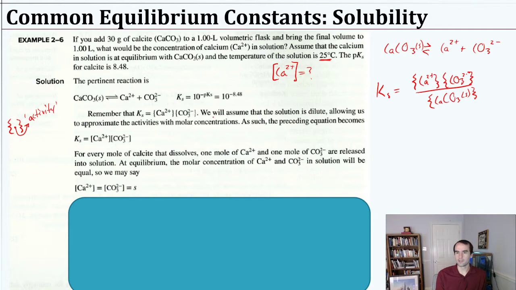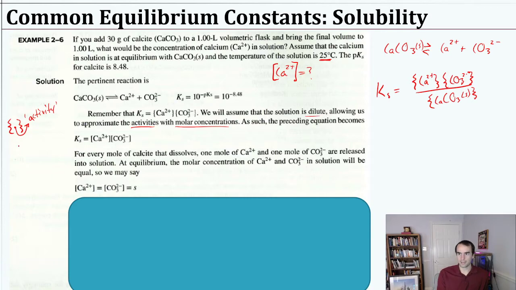And it mentions this here: we will assume that the solution is dilute, allowing us to approximate the activities with molar concentrations. Most of the time we'll just do that, okay? I'll explain it next time, but chances are I'm probably not going to make you do that on a test, maybe a homework problem. But like I said, we'll get to the math of that later.